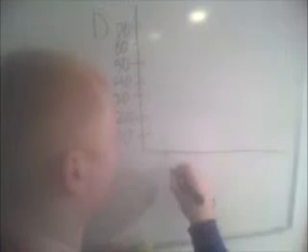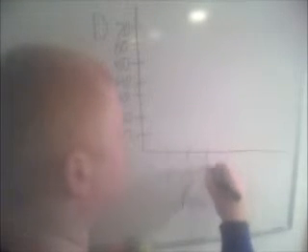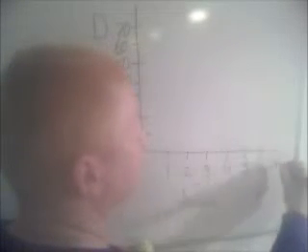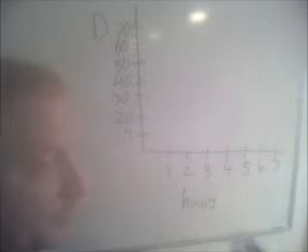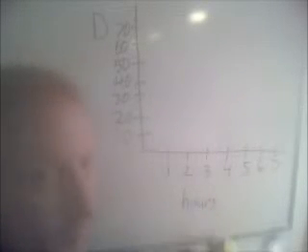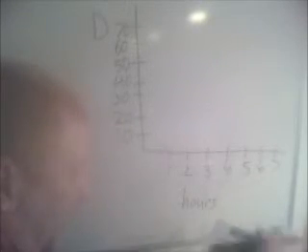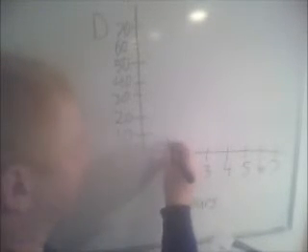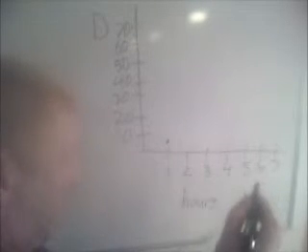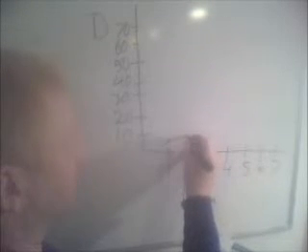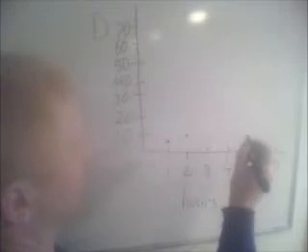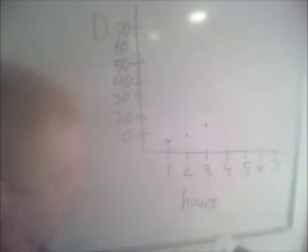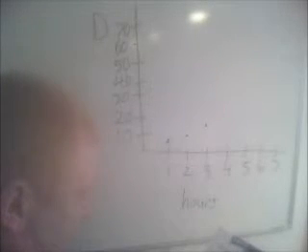Oh no, you can see good. 1, 2, 3, 4, 5, 6, 7. All right, let's graph this data for Jose. At time 0, he had gone 0. At 1 hour, he went 5. By 2 hours, he had gone 10 miles. And by 3 hours, he had gone 15. Find the distance. Oh, I already did that.